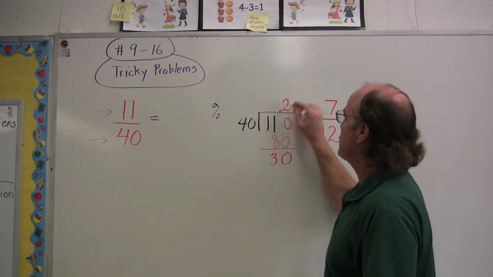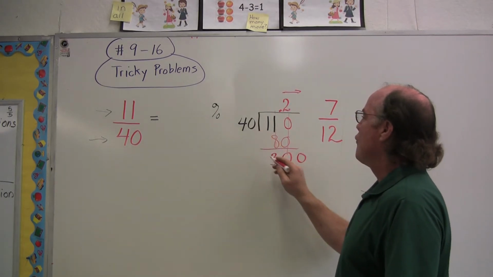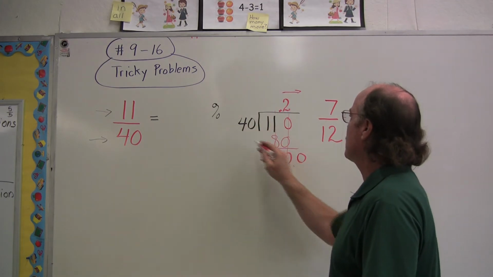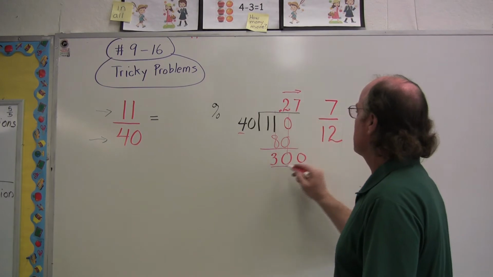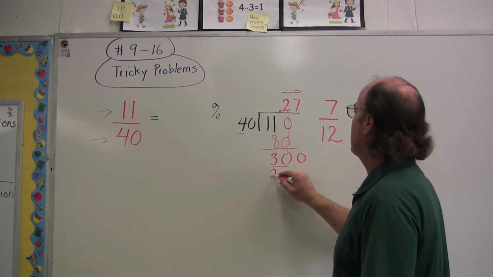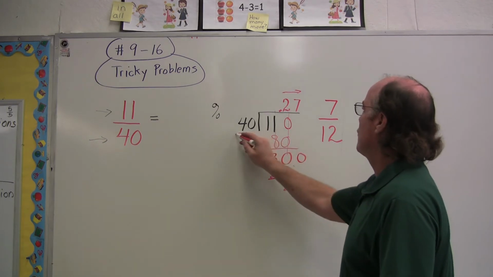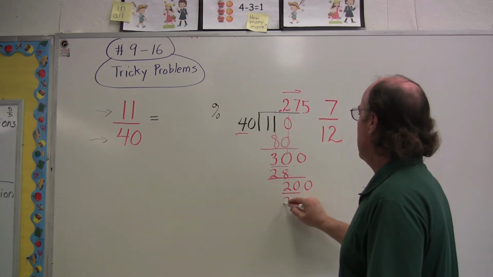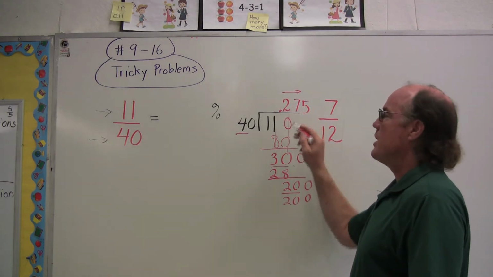But since it's on this side of the decimal, we always add a 0. 40 into 300, that's like 4 into 30. That goes 7 times. And so 4 times 7 is 28. We get 20. We add a 0. 4 goes into 20 5 times. And there we have it, 0.275.